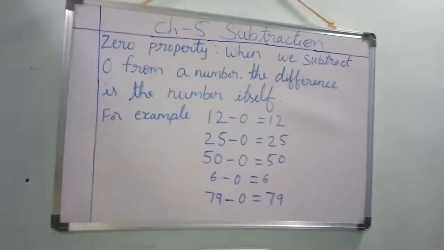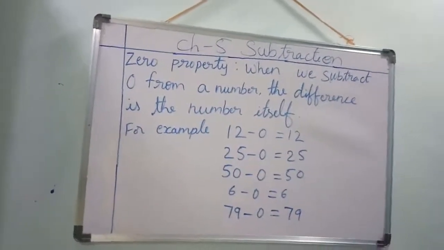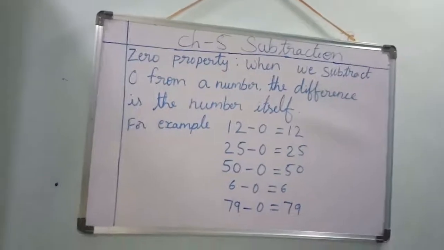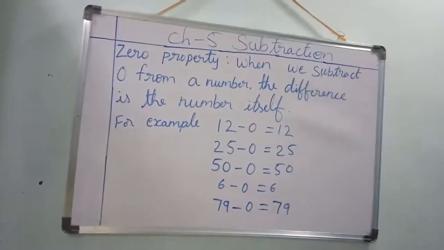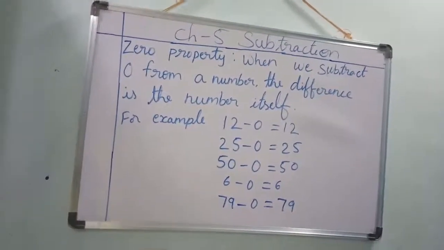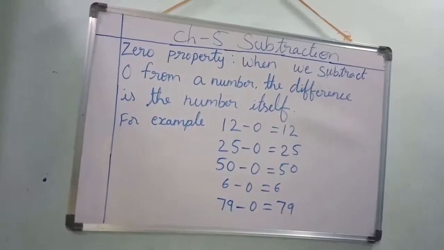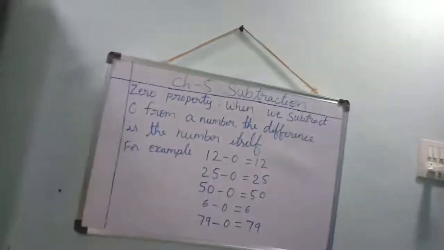Okay children, again read zero property. When we subtract 0 from a number, the difference is the number itself. Not only this, you can do any number.